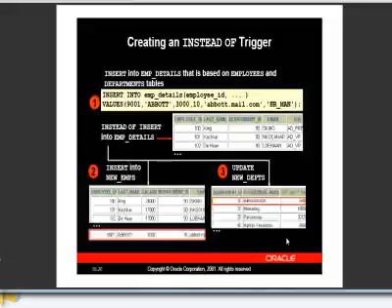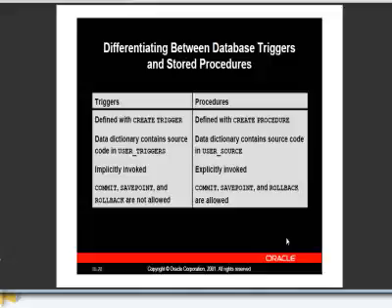Next, differentiating between a database trigger and a stored procedure. Triggers are defined with CREATE TRIGGER, whereas procedures are defined with CREATE PROCEDURE. The data dictionary contains the source code for triggers in USER_TRIGGERS, but for procedures in USER_SOURCE. Triggers are invoked implicitly, but procedures are invoked explicitly. COMMIT, SAVEPOINT, and ROLLBACK are not allowed in triggers, but in procedures, COMMIT, SAVEPOINT, and ROLLBACK are allowed.